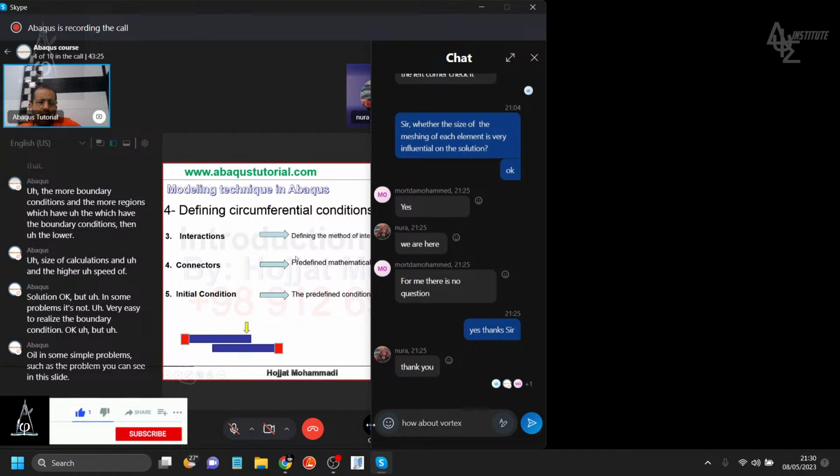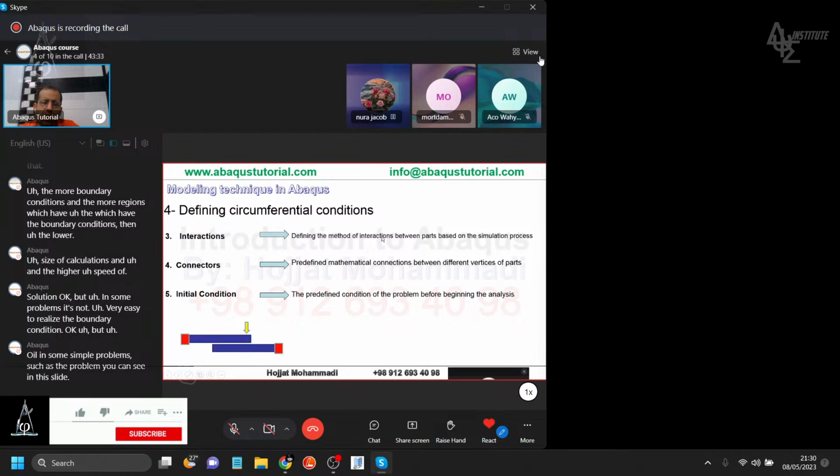Then we have to define interactions. Interaction means defining the method of interacting between parts based on the simulation process. As you can see at the bottom of the slide, there are two beams which are placed with a clearance.